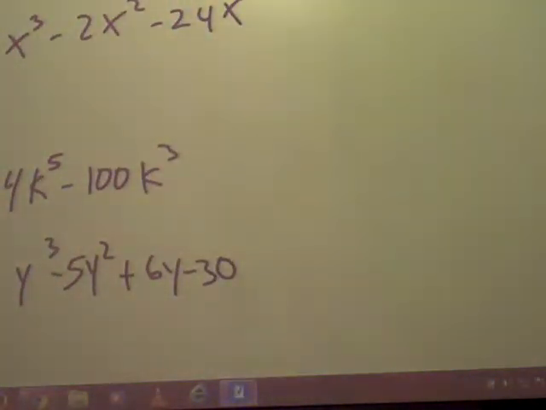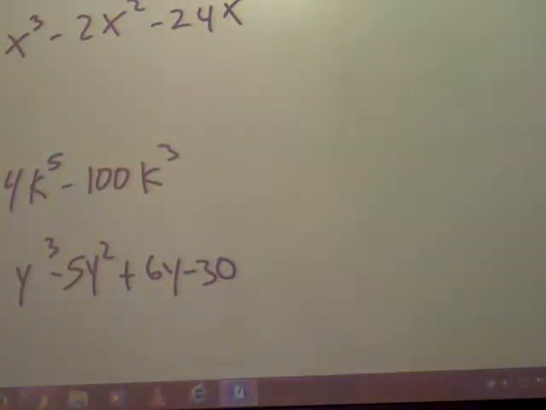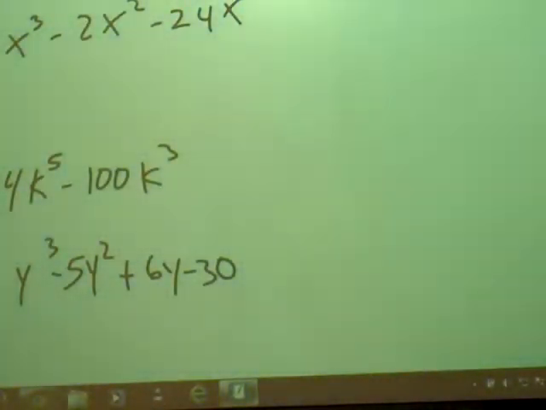I only lost it once. There's no way. Wait, you're supposed to be factoring those 3 problems. I know. I'm looking at it. We're awful.